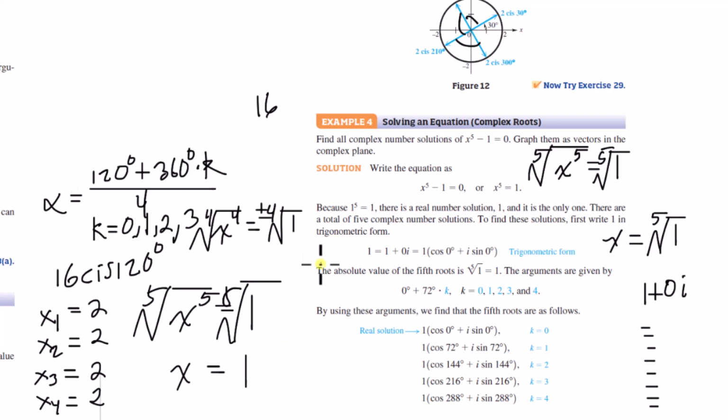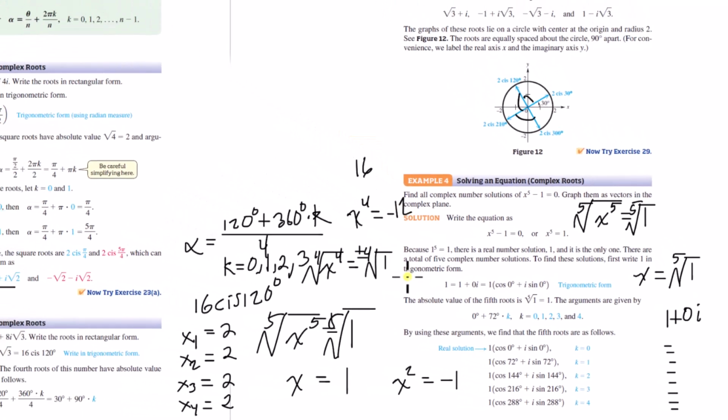So you can apply the square root property to any radical that has an even index greater than 2, just put the plus or minus. So in that context, if we had x squared is equal to minus 1, we'd say no solution. Or x to the 4th is equal to minus 12, no solution.